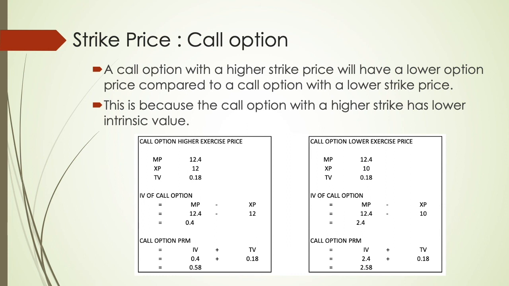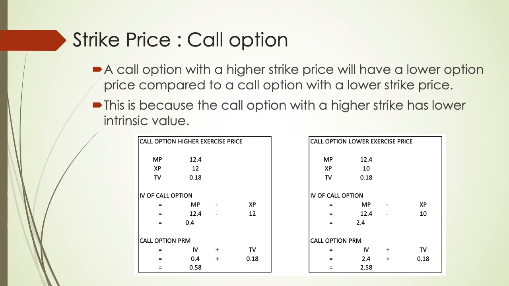So for call option, a call option with higher strike price will have a lower option price compared to call option with lower strike price. This is because the call option with higher strike price has lower intrinsic value. So you can see from these two examples, okay, the first box, the exercise price is 12. The second call option, the exercise price is 10.